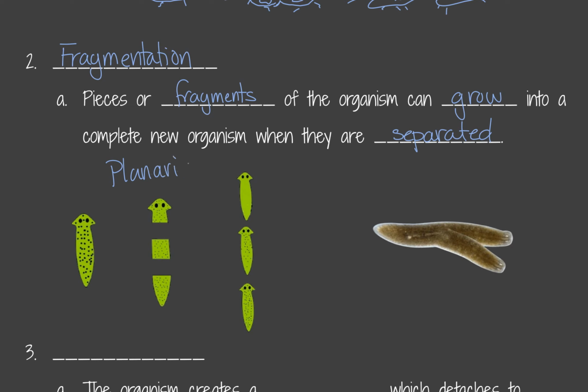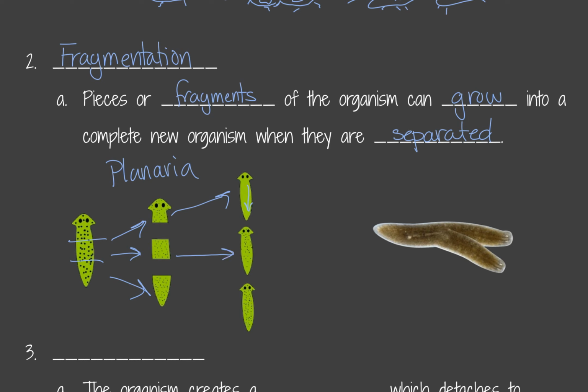Planaria are flatworms. And if you take a planaria, you can split it once or you can split it twice, as is shown here. And every fragment, given time and resources, will eventually grow into an entire new worm. So this head piece grows a new tail.